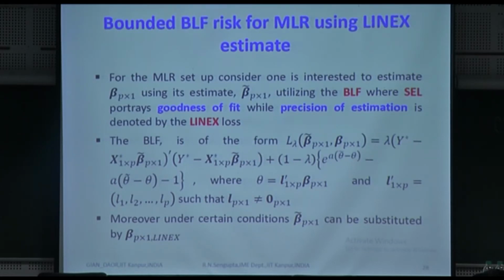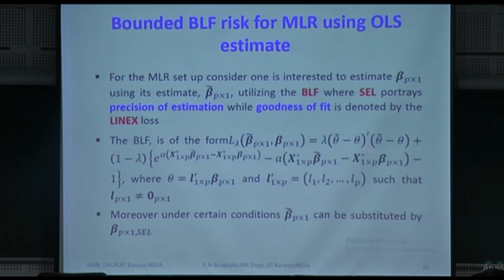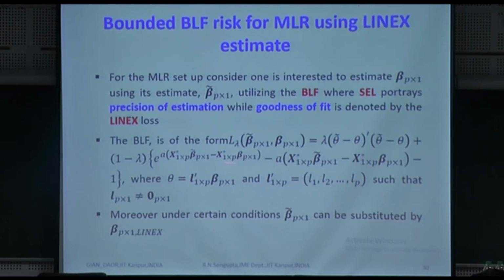Model 2 is the same problem, again now you have Linex. Model 3 has the swapped one where Linex goes to the left hand side and the squared error loss comes to the right hand side. And for model 4, again the third balanced loss function, but now the estimate is the Linex.